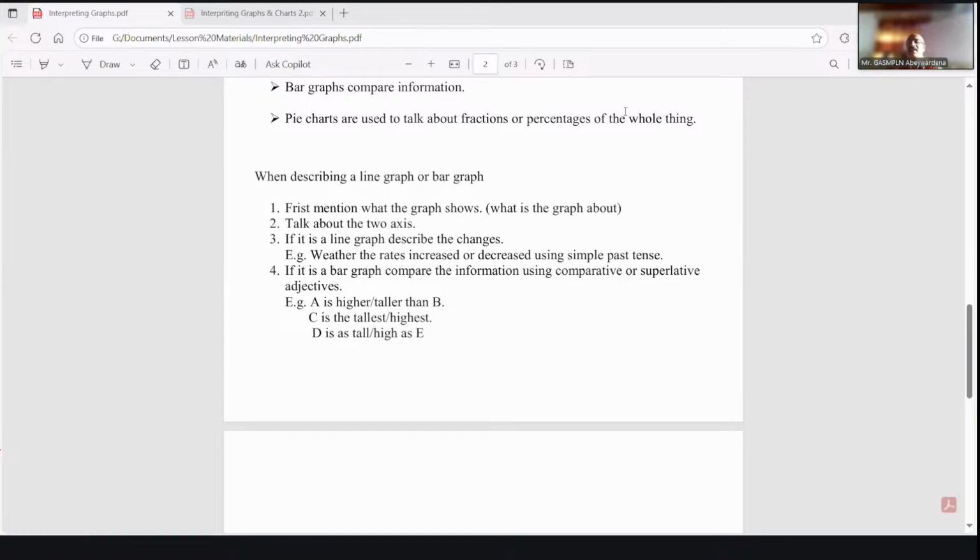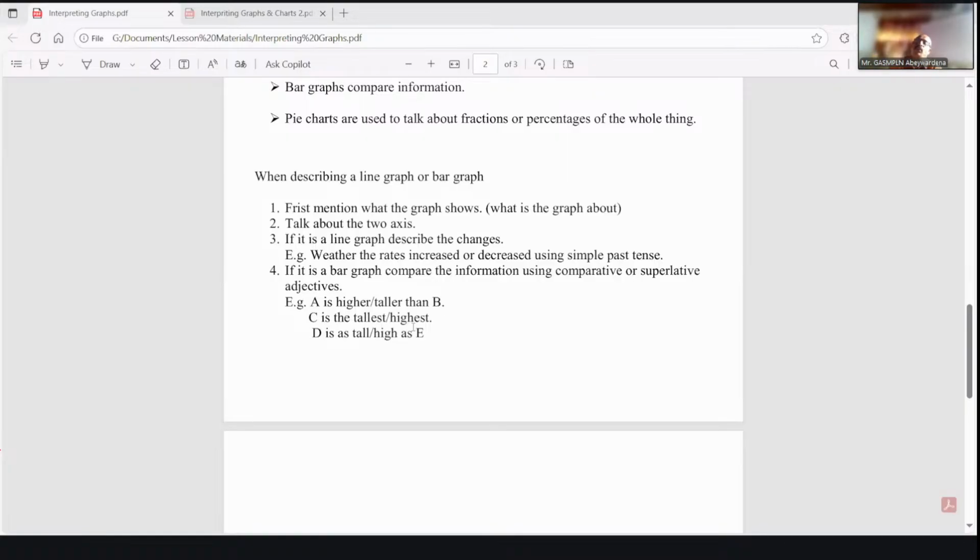So this is where we make the difference. Taller with living beings, higher with things. Buildings, higher. Building A is higher than building B.